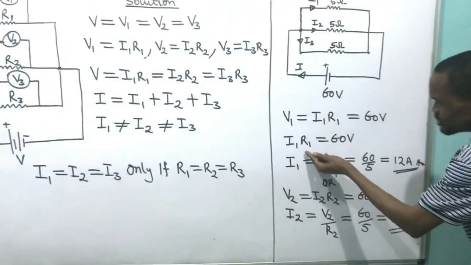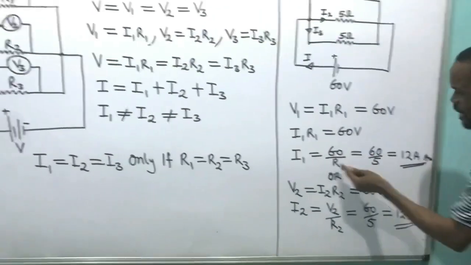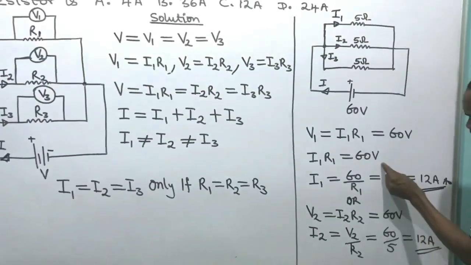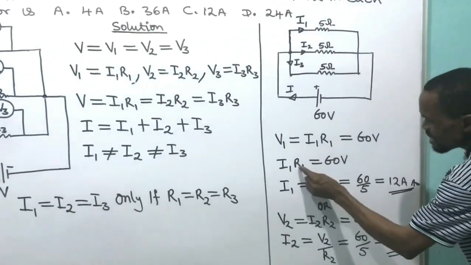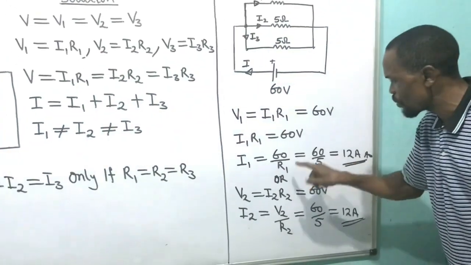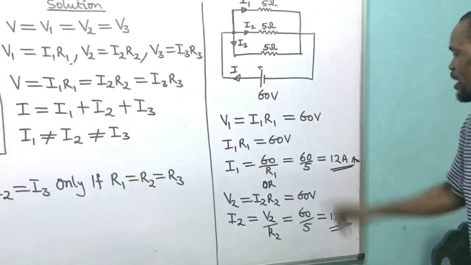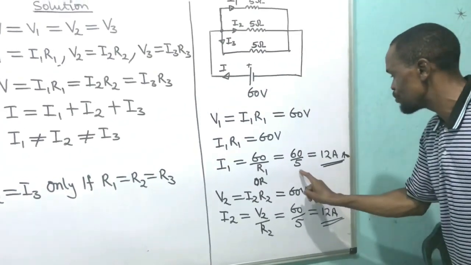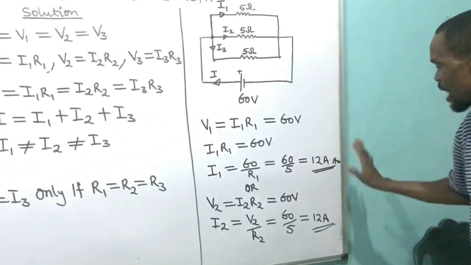The same thing I did here by dividing by R1. Dividing current 1 R1 by R1 gives me current 1. Then what I will have here is 60 divided by R1, and R1 is 5 ohms, so 60 divided by 5 gives me 12 ampere.